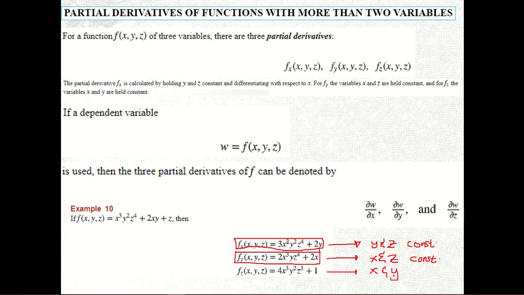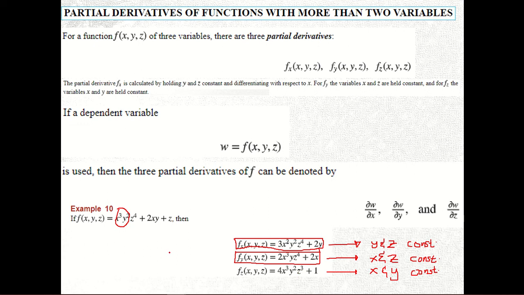So if x and y are constant, then x cubed y squared is constant. So we'll just take the derivative of z to the fourth using the power rule. The derivative of z to the fourth is 4z cubed. So 4z cubed multiplied by x cubed y squared. So that's why we have here 4x cubed y squared z cubed.